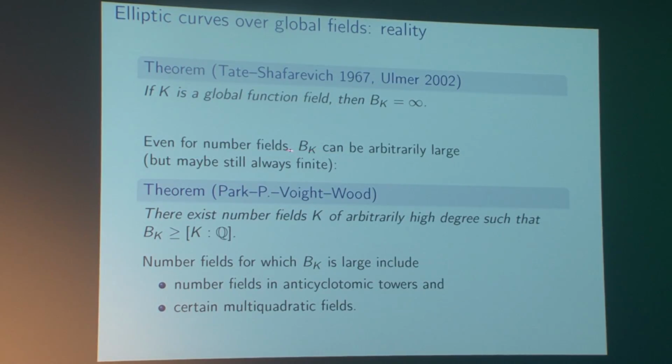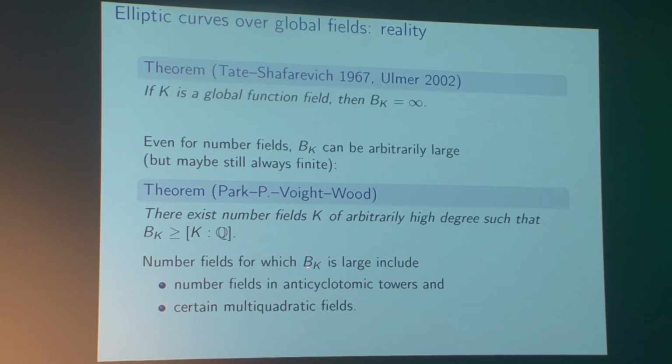If you vary the number field, we prove that this number can be arbitrarily large. It still might be true that for any fixed number field, there is a bound on the rank, but that bound will have to grow as you vary the number field, because we prove in two different ways that this lim sup can grow for certain special number fields.